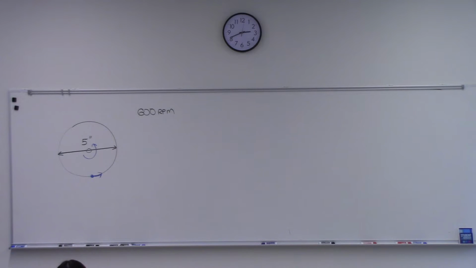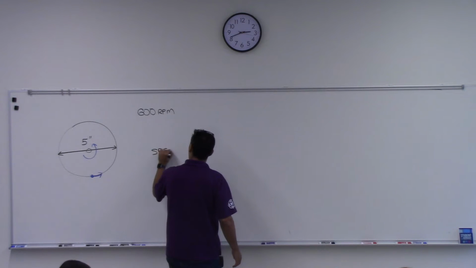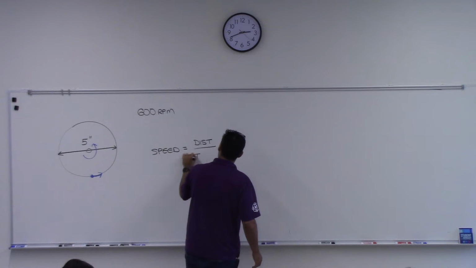You can think of it in terms of, just give me the formula, or you can think about it the way I like to think about it, which is, what is it you're looking for? Speed, right? Speed is distance over time. The speed of something is the distance it travels over the time it takes it to travel that, right?